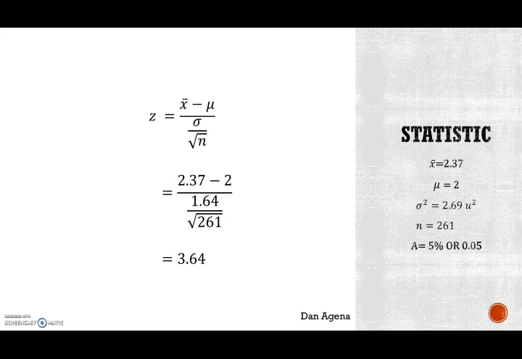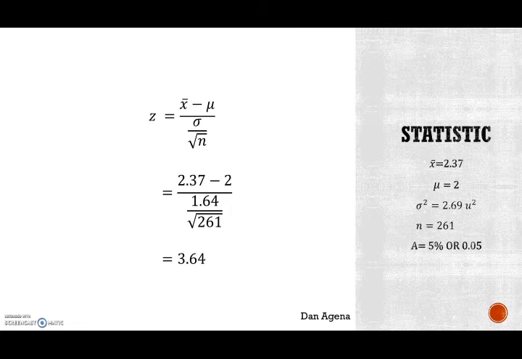Now, compute the statistic. Z is equal to x bar minus mu over standard deviation divided by the square root of sample size. Substitute: 2.37 minus 2 over 1.64, which is the square root of the variance 2.69, over the square root of 261. Compute.